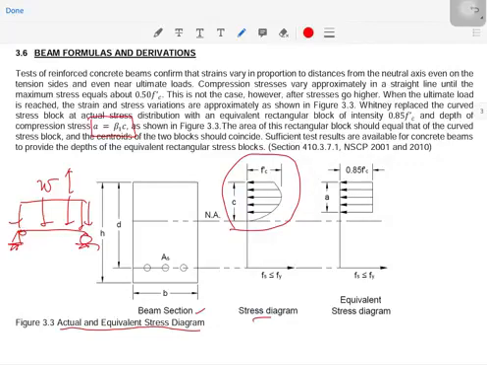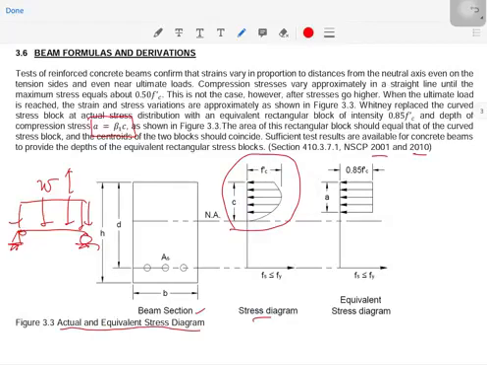The area of the rectangular block shall equal that of the curved stress block, and the centroids of the two blocks shall coincide. Sufficient test results are available for concrete beams to provide the depths of the equivalent rectangular stress block. This is applicable for both NSCP 2010 and 2001.